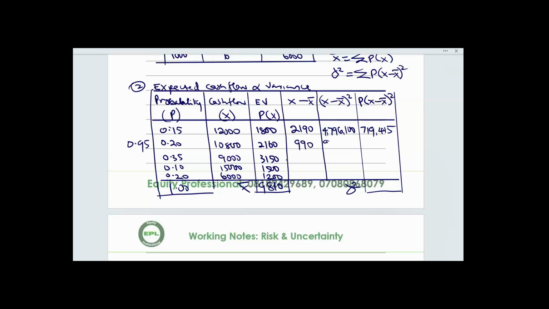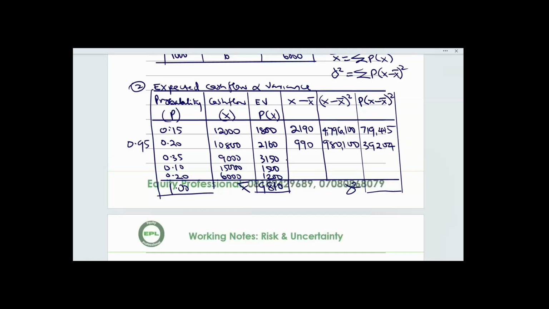980,100 multiplied by the probability of 0.2. Let me check again.